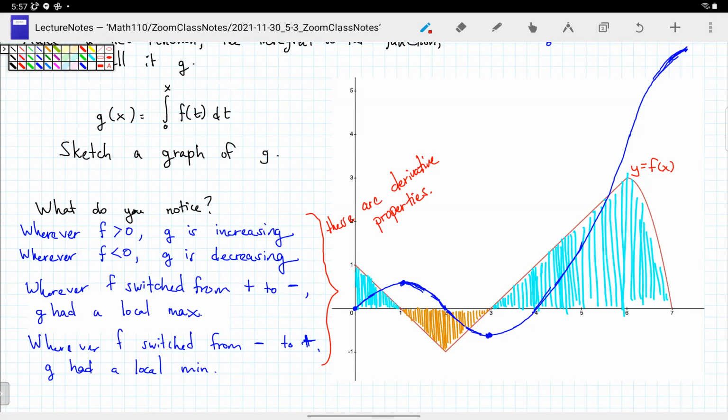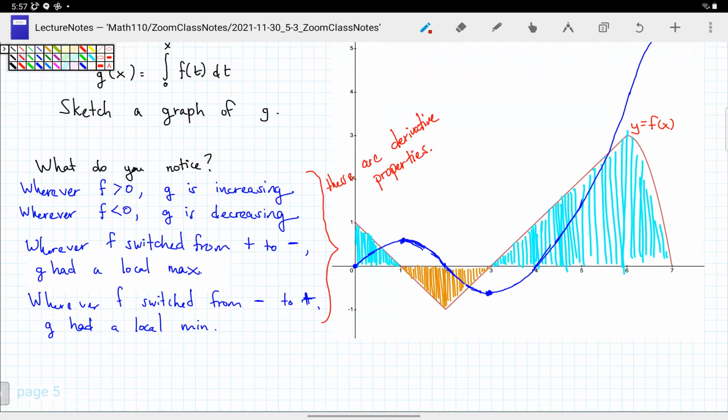So I want you to think about which one is which. Between f and g, which looks more like the derivative function of the other? Is f the derivative of g, or is g the derivative of f? Thinking about this, where f is positive, g is increasing, that indicates that f would be the derivative of g. And this is, in fact, the fundamental theorem of calculus, as stated in the first form.